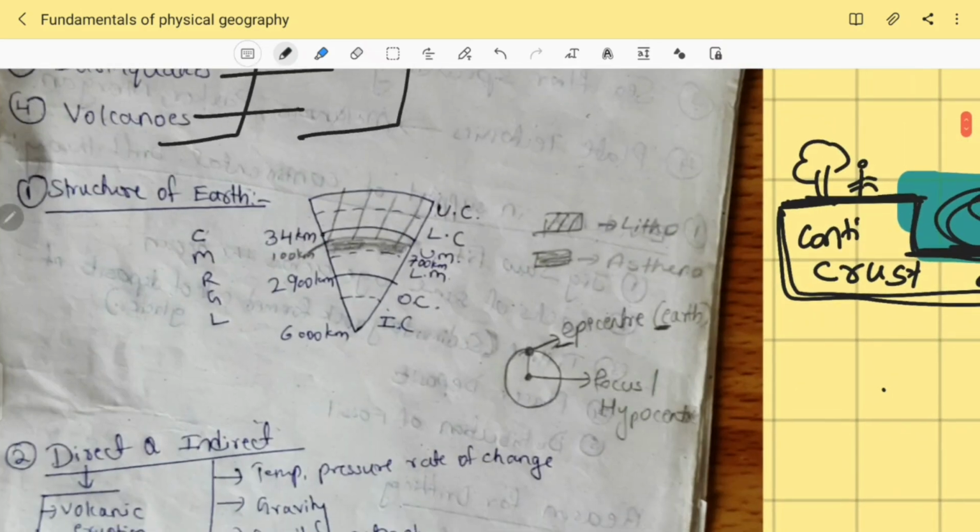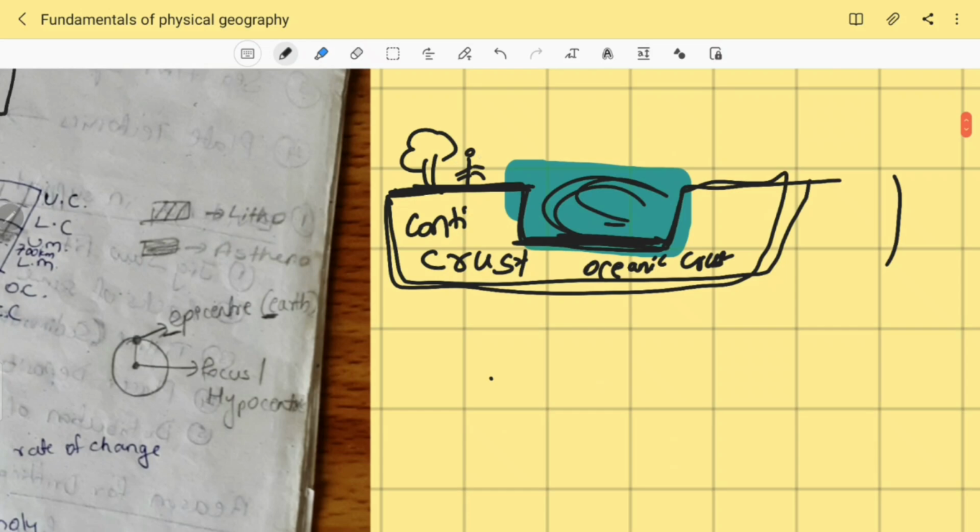Crust extends till 34 kilometer. That's what they have written here. The number 34 kilometers means, say you're on the continental crust and you start digging and you go till here. This is 34 kilometer. If you apply common sense, if you are standing on an ocean basin and start digging here, this won't be 34 kilometer, right?